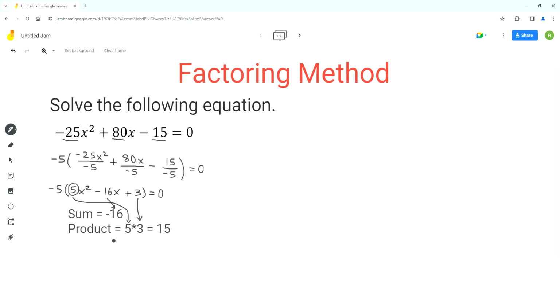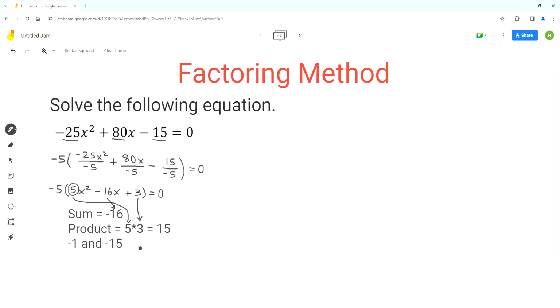Now in order to find the two numbers that satisfy these conditions, we'll start with the product. We have to find two numbers that multiply to 15. The first pair of numbers that comes to my mind are 1 and 15. Now if we add 1 and 15, we get 16, not -16. So we should make both of these numbers negative.